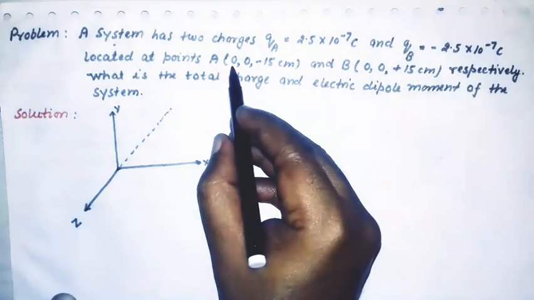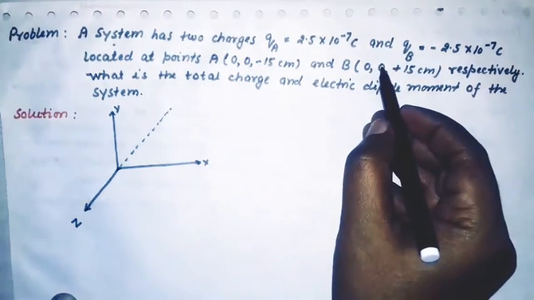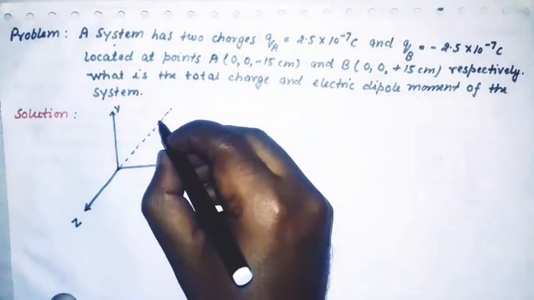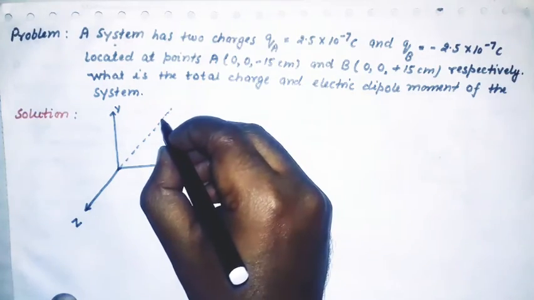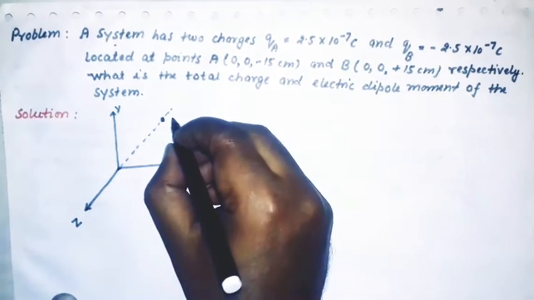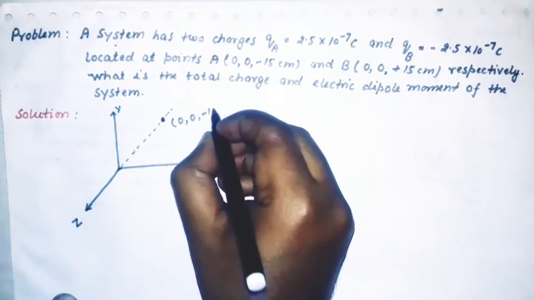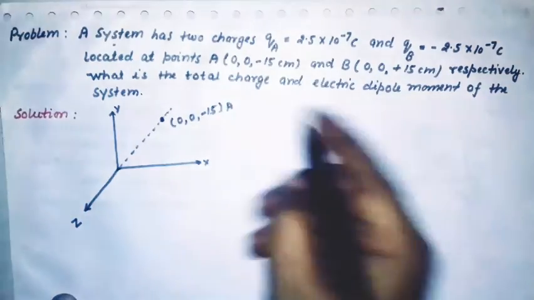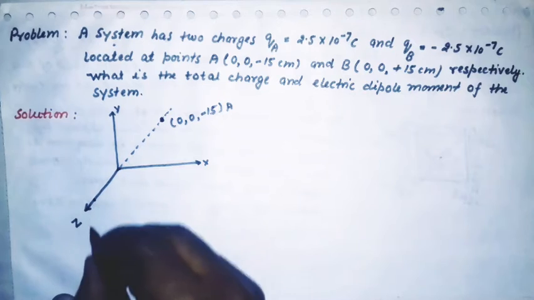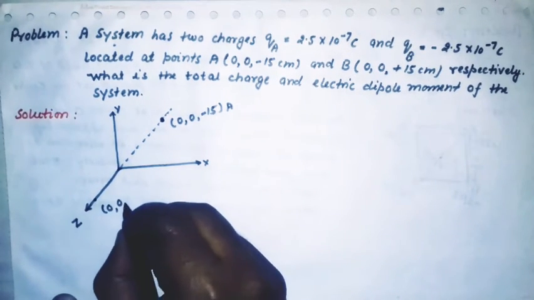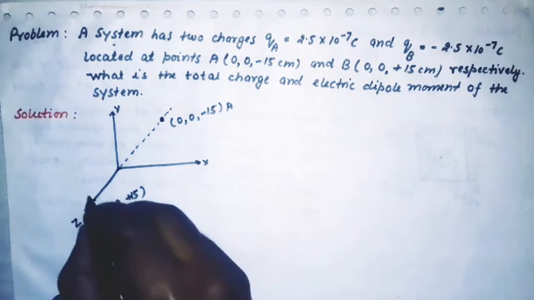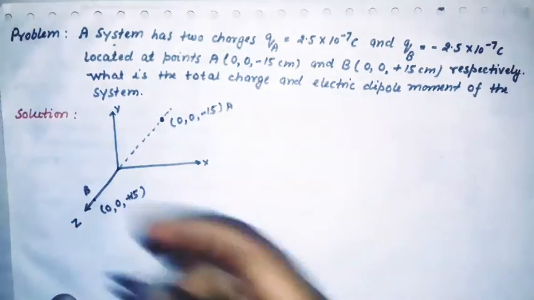For the rest of the parameters, x and y, it is 0, 0, so the line passes through the origin. Here in the negative z direction, 0, 0, minus 15, is your point A, and at the same distance, 0, 0, plus 15, is B. So now we have plotted A and B.